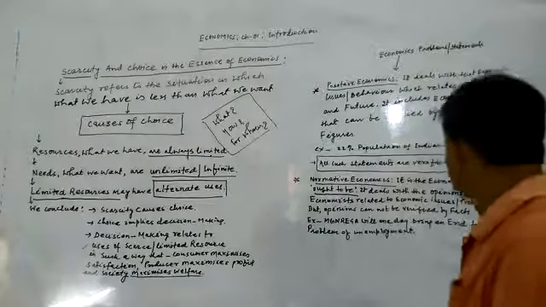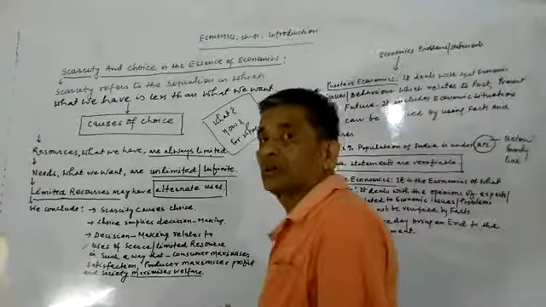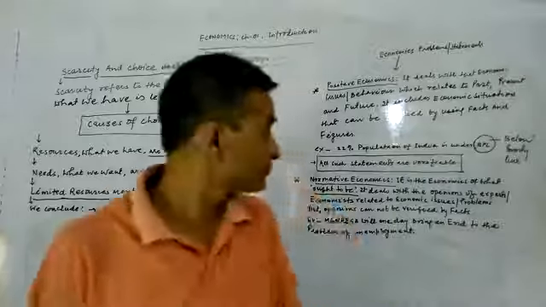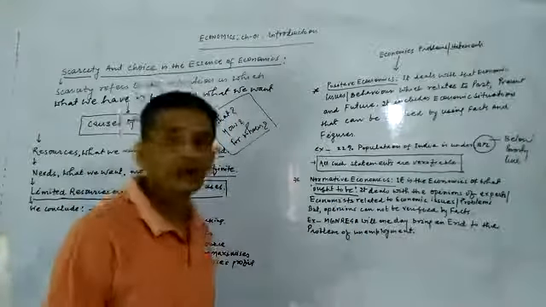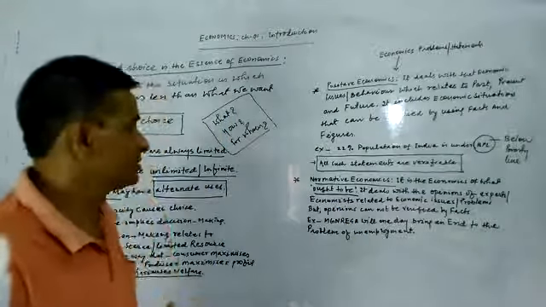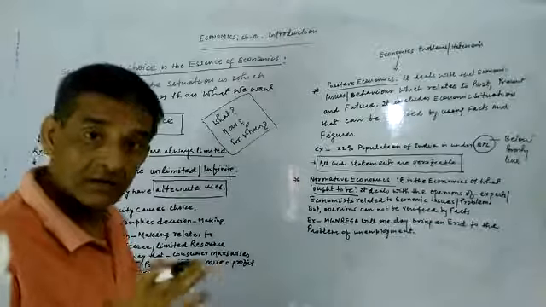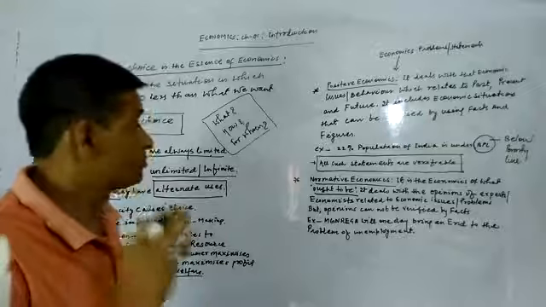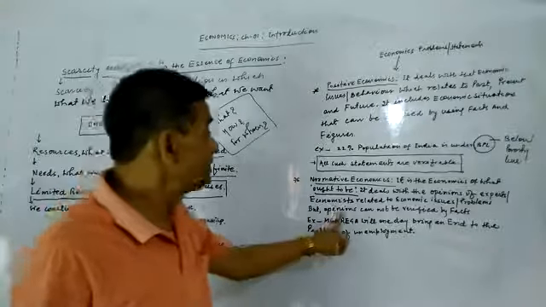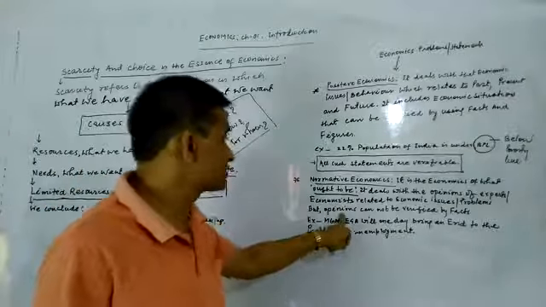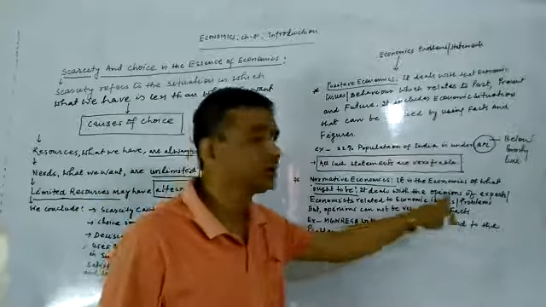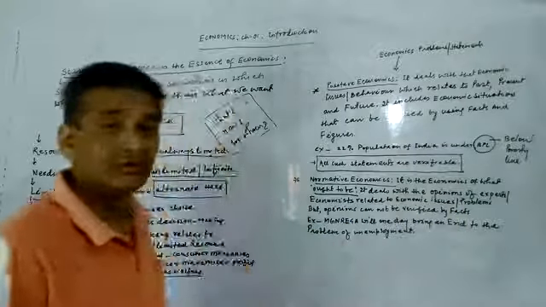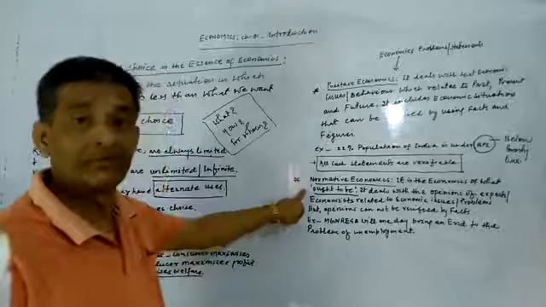It deals with the opinions of experts or economists related to economic issues or problems. But please concentrate on what I am going to tell you now. The opinions of these experts cannot be verified by facts. This is normative economics.